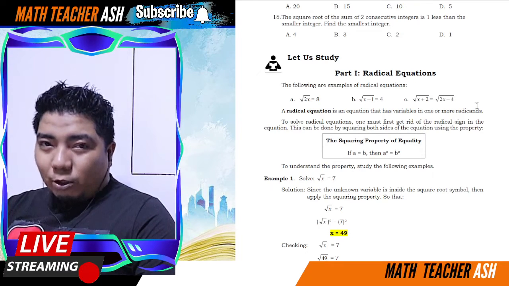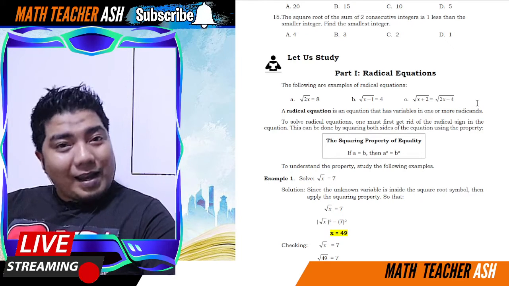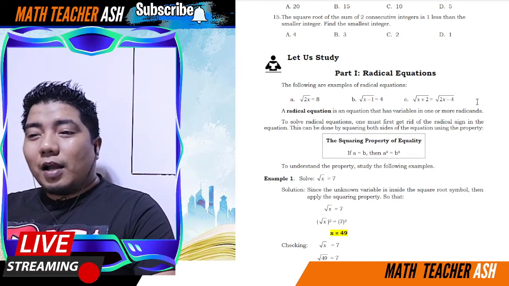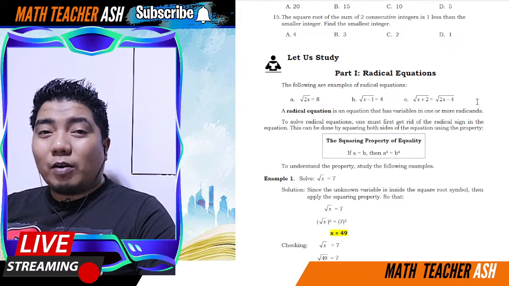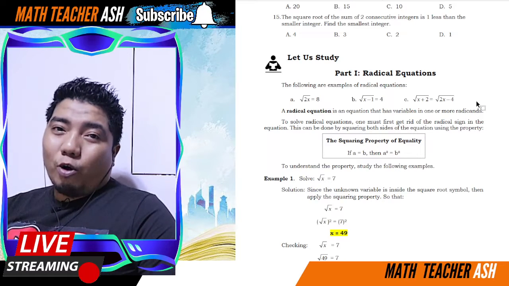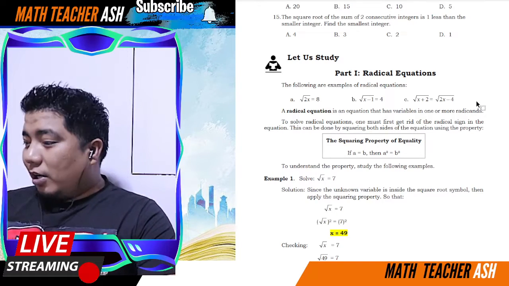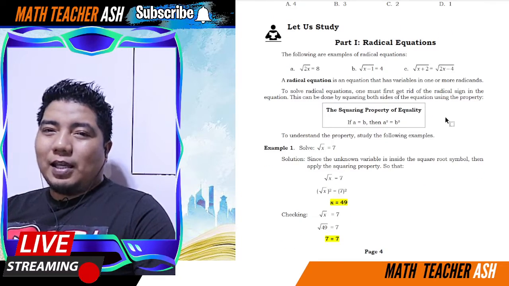So gumagamit ito ng equal sign symbol. Of course, since this is radical, so meron pa ring mga radical sign dito. So isang equation na meron ka makikitang radical sign na kung saan yung variable mo ay nasa loob ng radical sign or as part of the radicand. Ganon ang ibig sabihin ng radical equation.